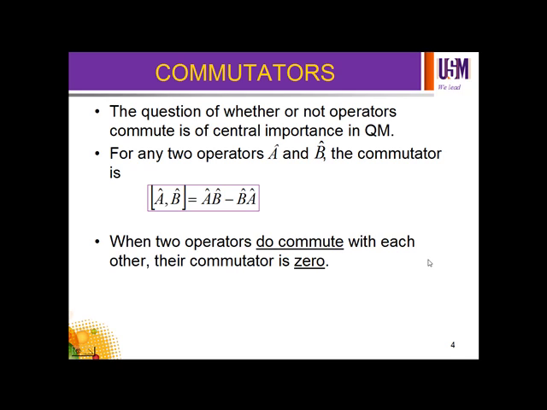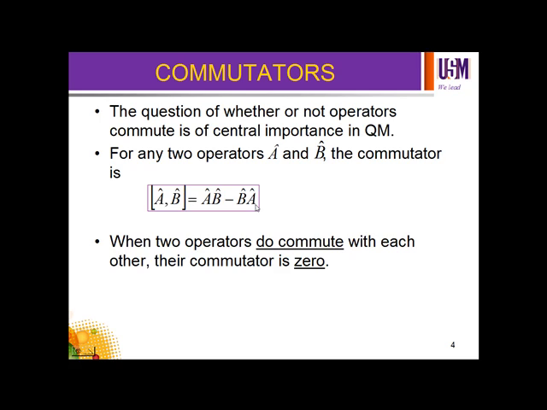For any two operators A and B, the commutator [A, B] in square brackets is equal to AB, that means operator A multiplied by operator B, minus BA. So this is the definition of commutators.